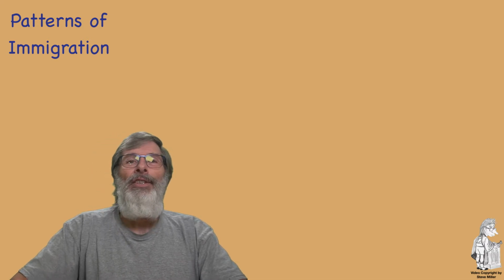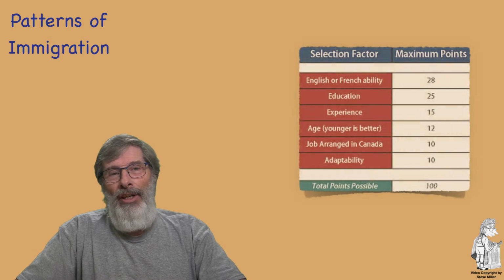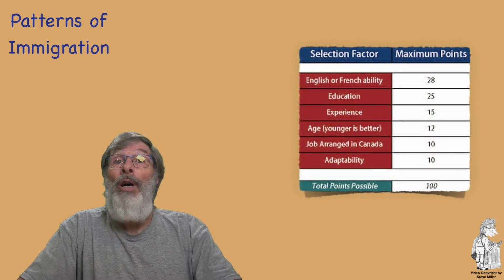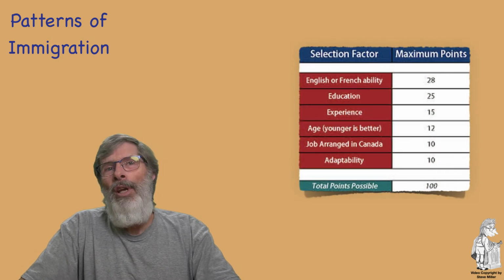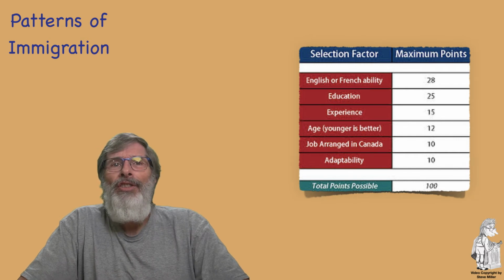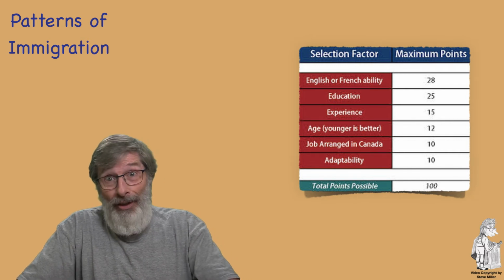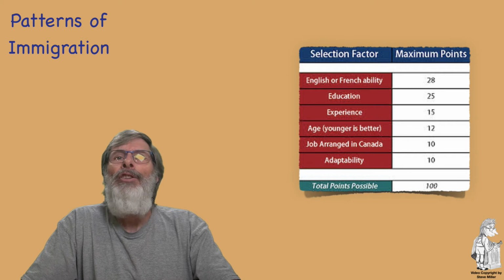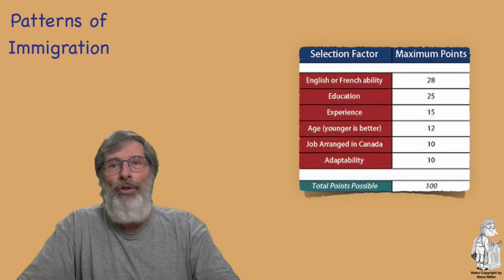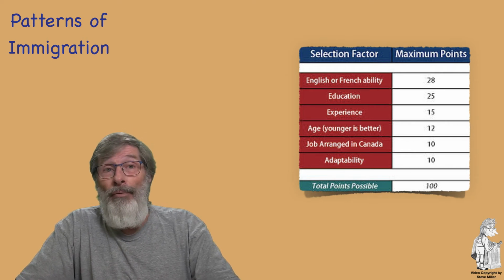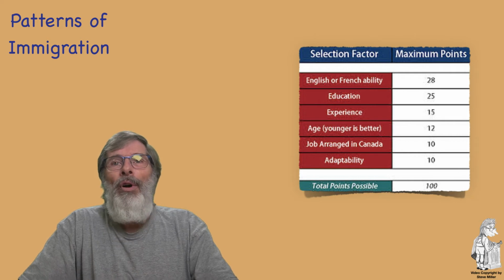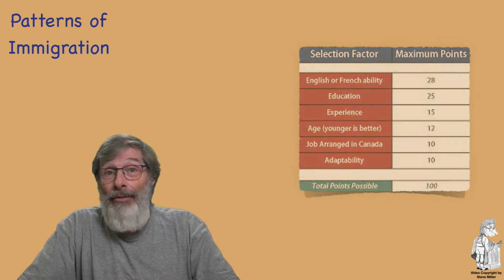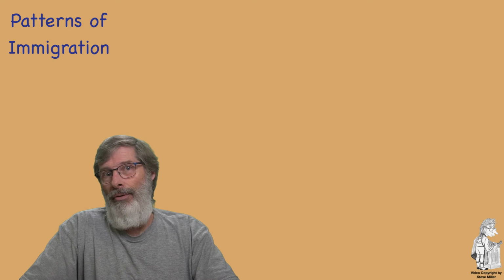By 1967, Canada adopted a point system of qualifying for immigration, and it was an attempt to reduce prejudice and discrimination from the process of selecting immigrants, and to promote a more objective approach, and it seemed to work. Many groups were also admitted to Canada for humanitarian reasons.